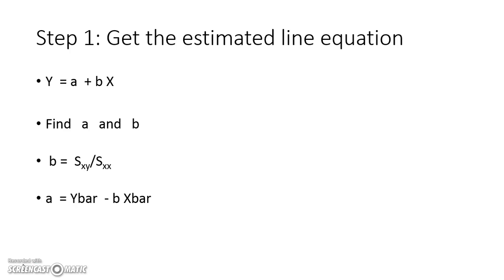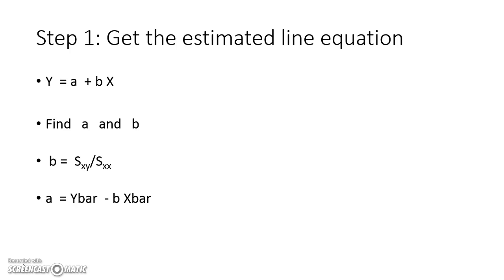Similarly, when we say Sxy, it is the summation of the product of the differences of x from the mean and y from the mean. That means the individual values of x from the mean x and individual values of y from the mean y.